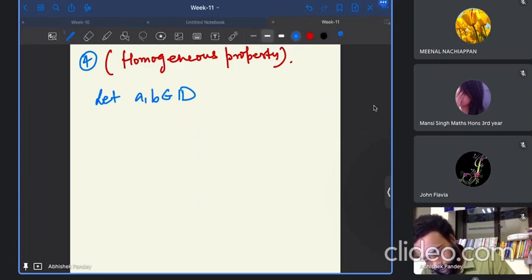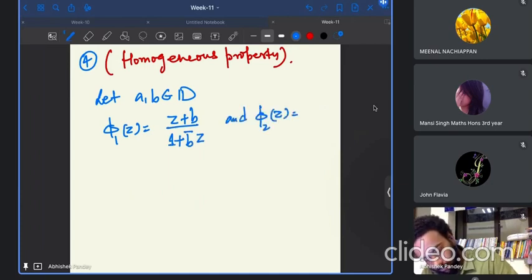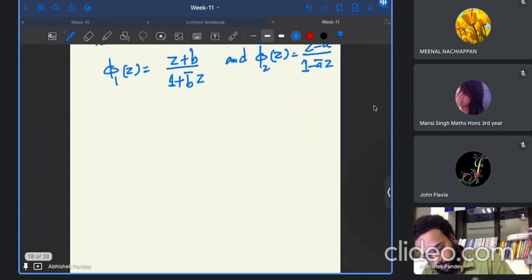Okay, let us define phi 1 of z as (z plus b) upon (1 plus b bar z), and phi 2 of z is equal to (z minus a) upon (1 minus a bar z). Now you take g of z as phi 1 composition phi 2.